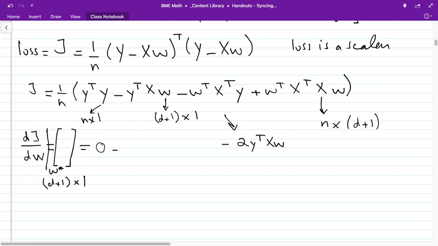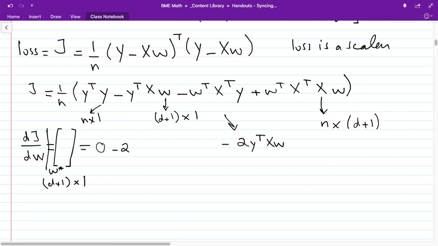Okay, so now I want to find the derivative of this with respect to w. It's going to have a 2 in front of it. Let's see what's going to happen. So this equation here, y transpose xw, is a scalar, obviously, right? Y transpose times w is going to be a scalar.